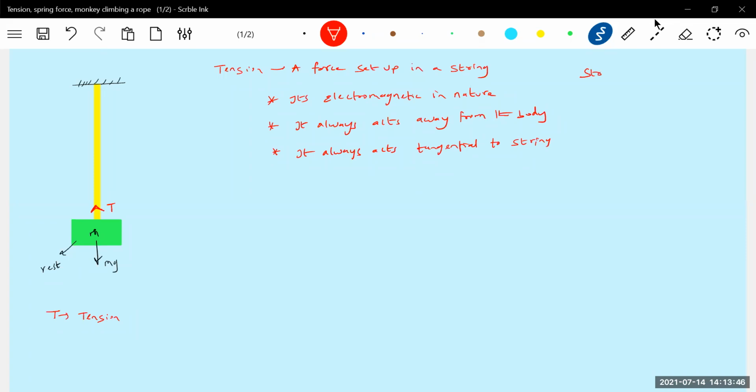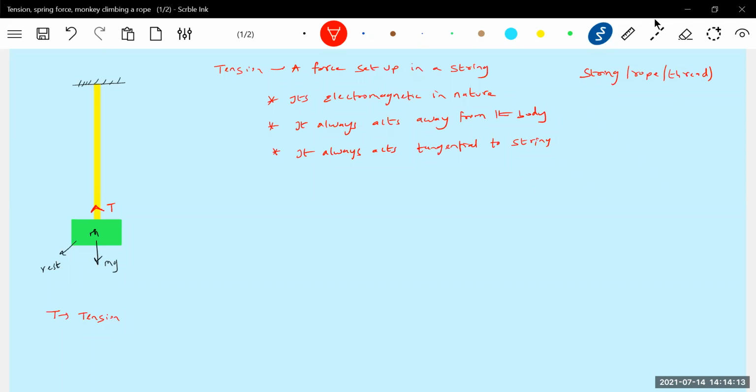Here string, rope, thread, all are the same. So, put it: it always acts away from the body. This is a very, very important condition, which we will be using in almost all our numericals here.